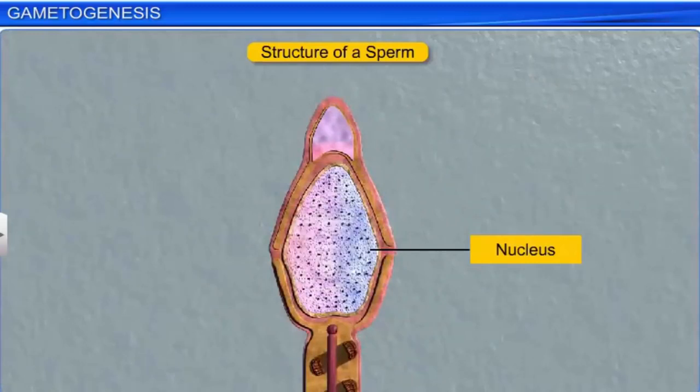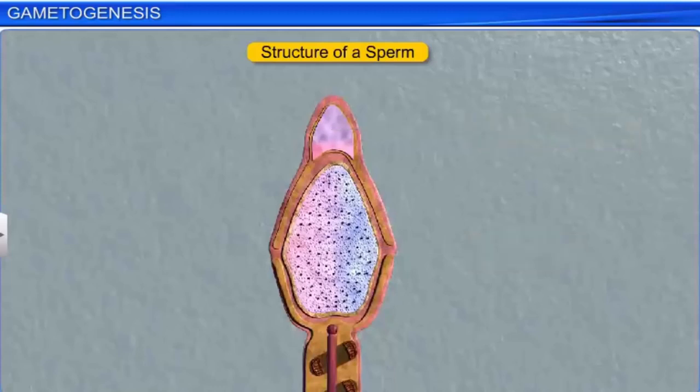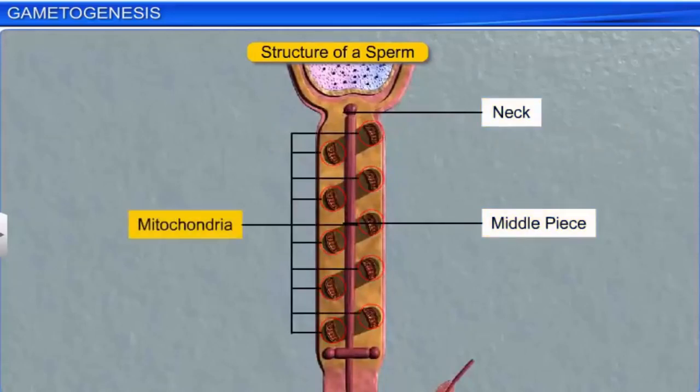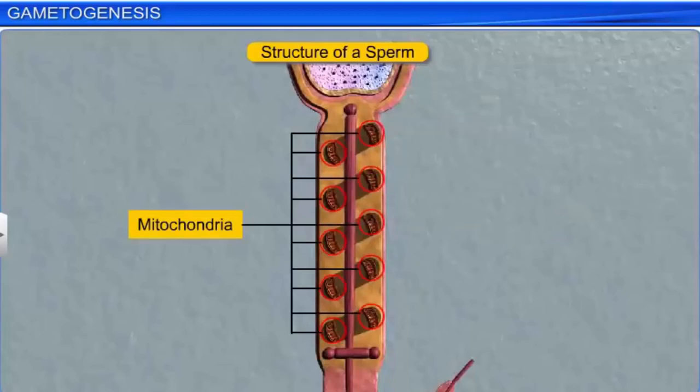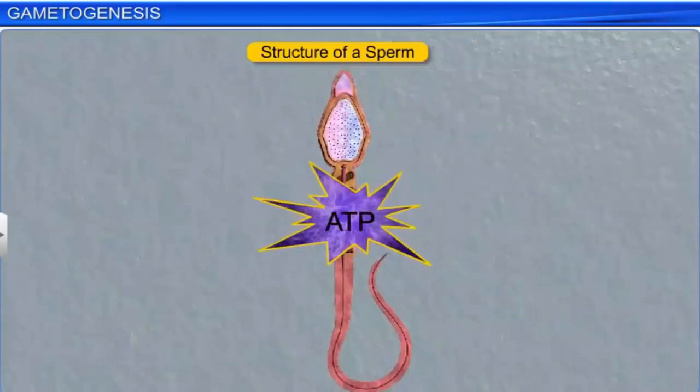The anterior part of this nucleus is surrounded by the acrosome, a cap-like structure filled with enzymes that help fertilize the ovum. The sperm's head is followed by its neck and middle piece, which is filled with mitochondria. These mitochondria break down glucose in the semen to produce ATP, an energy molecule that powers the movement of the sperm's tail.